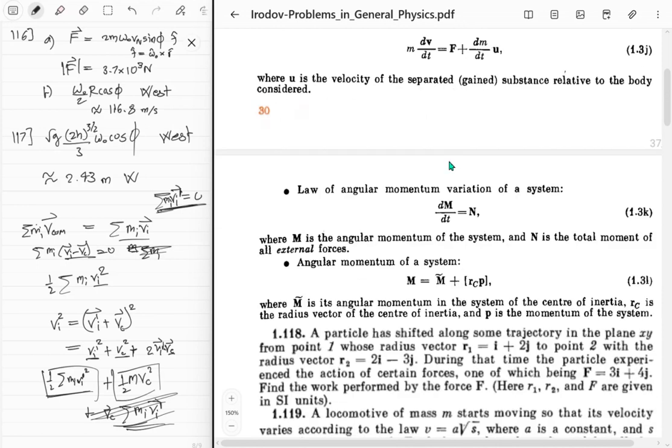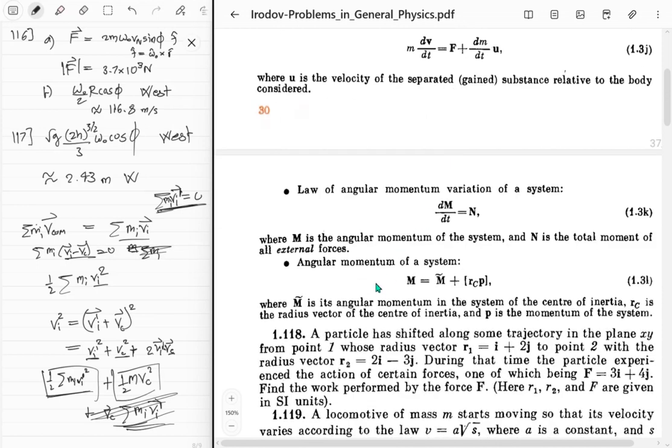The angular momentum of the system is the angular momentum of the center of mass, plus the angular momentum of the body as seen by the center of mass. So that's basically like the inertia, and P is the momentum of the system. Oh wait, what? R is the... oh yeah, of course.